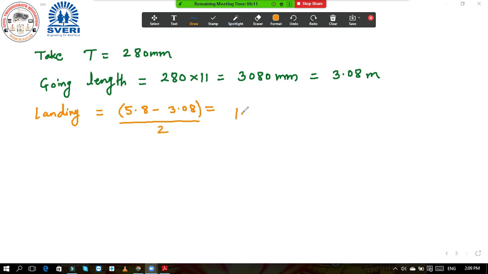So we will get the answer as 1.36 meter. This is our landing and approach also at bottom and top.